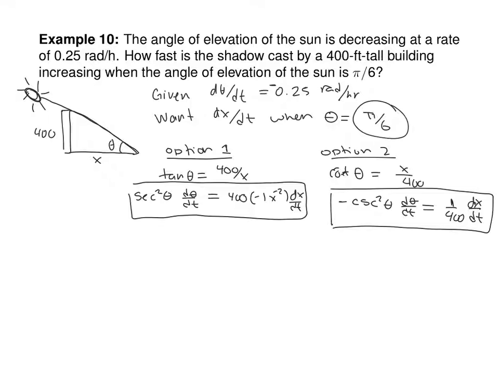The example we did in class like this, we knew the side that was the base, and we wanted to know how the other height was changing, in which case it made sense to use tangent because you had x over number, as opposed to number over x. Okay. So using that, cosecant is 1 over, so we're going to go with option 2. Cosecant is 1 over which function? 1 over sine, yep.